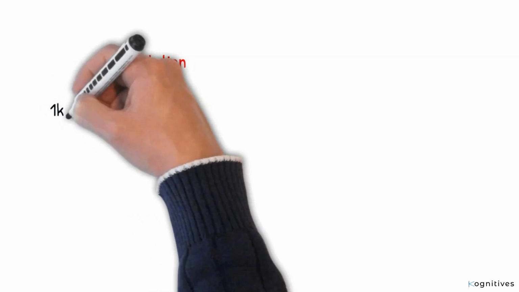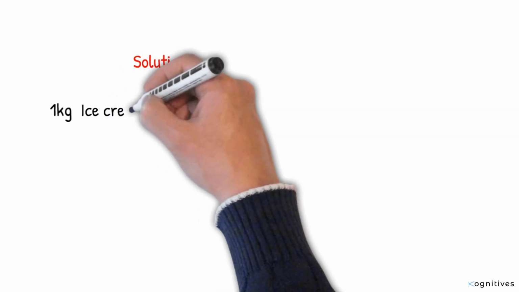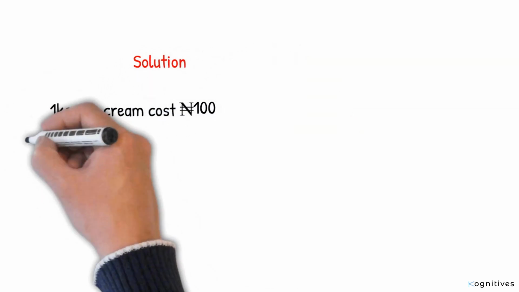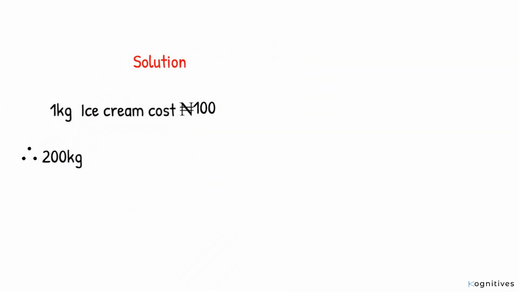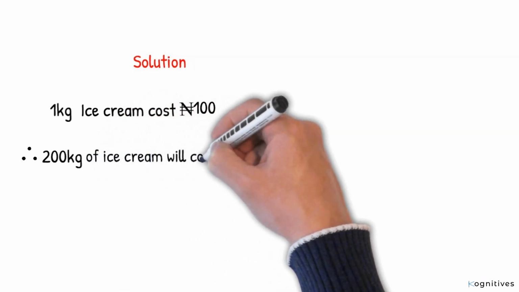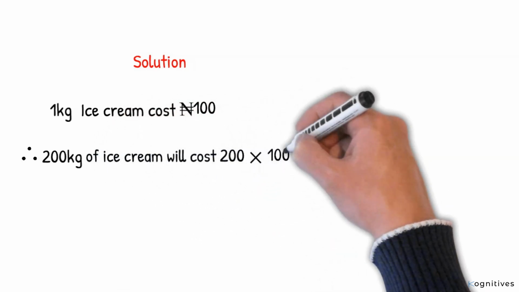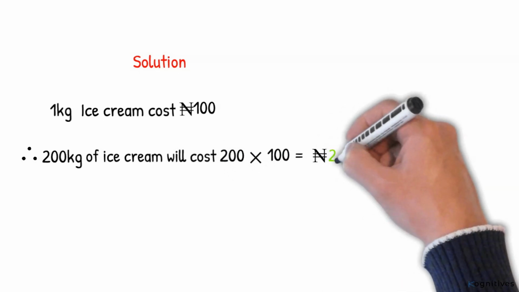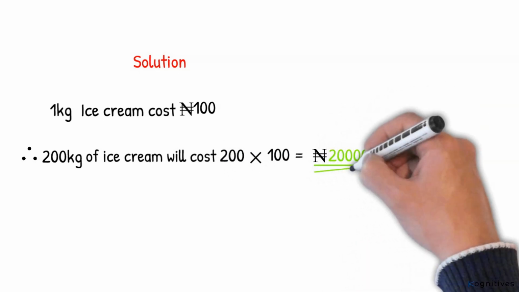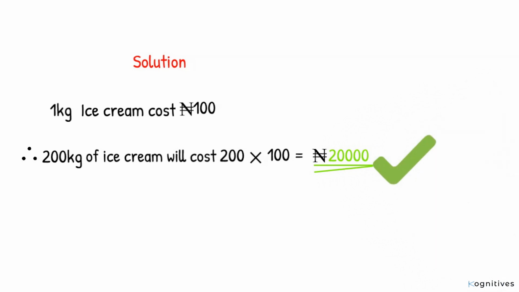So from the question, 1 kilogram of ice cream costs 100 naira. Therefore, 20 kilogram of ice cream will cost 20 times 100, and that would give us 2,000 naira. So that is the amount of money that Kings will have to pay.